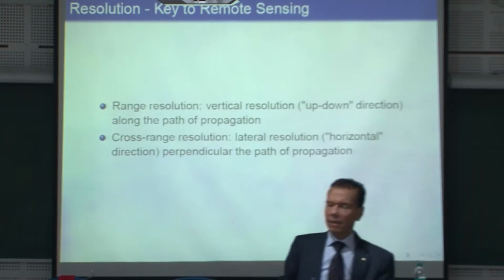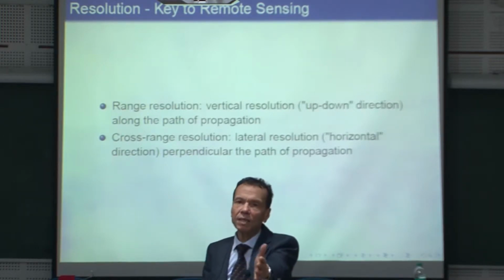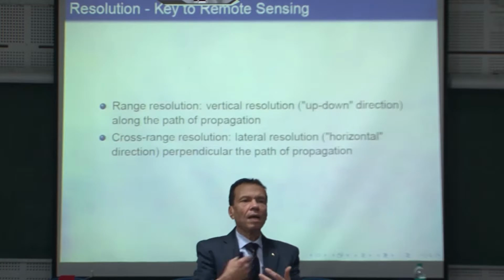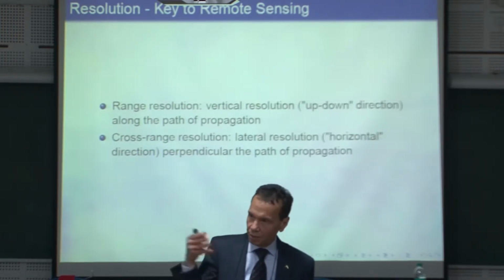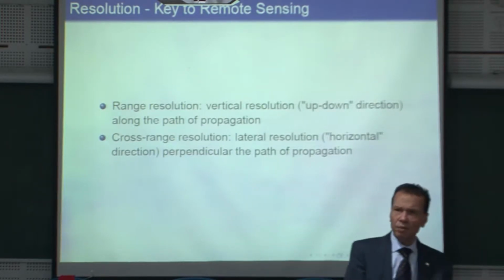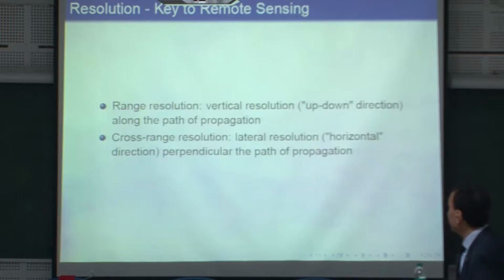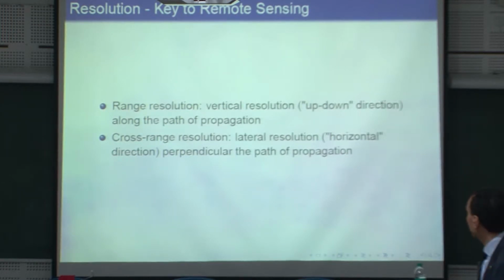Therefore, the radar community says this is a range resolution and this is a cross range resolution. In imaging we call it depth resolution, because you go inside, and the transverse resolution. But it's actually only naming. You have the range resolution, which in GPR is the vertical one, because you go into the ground, the up-down direction, and the cross-range resolution or lateral resolution.